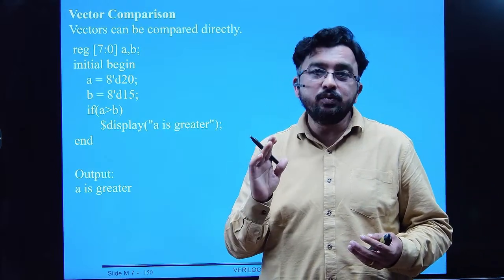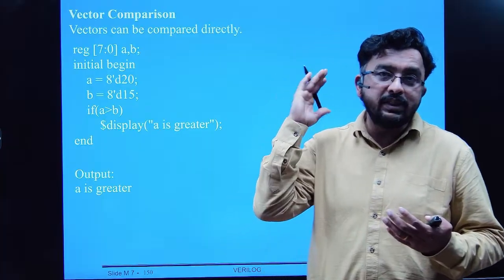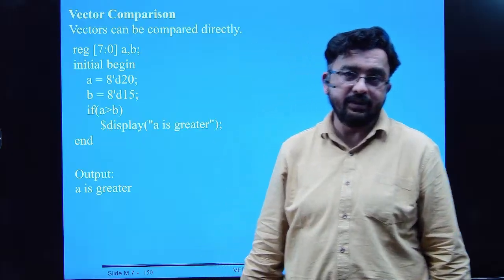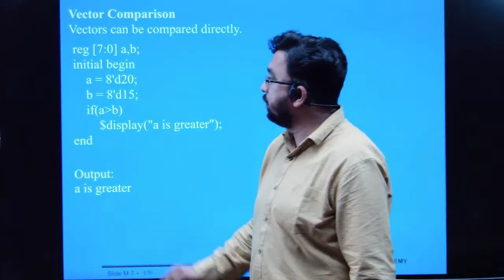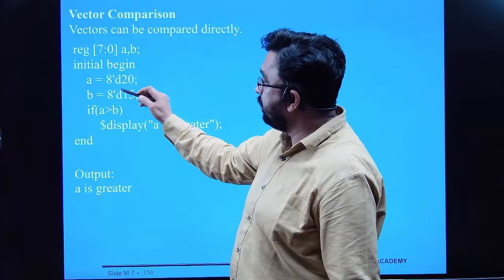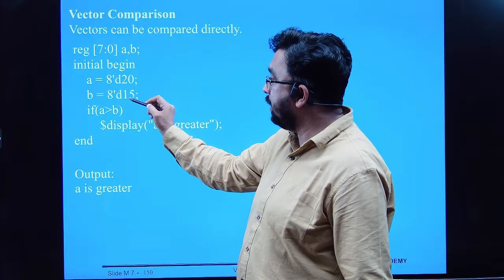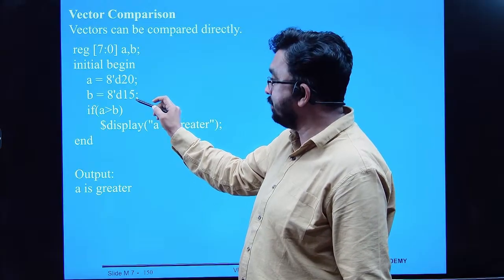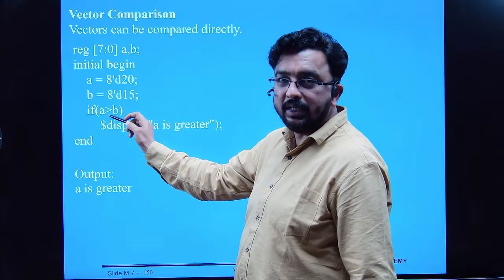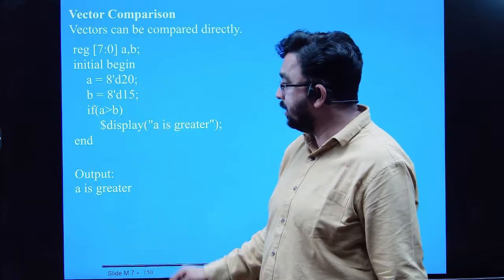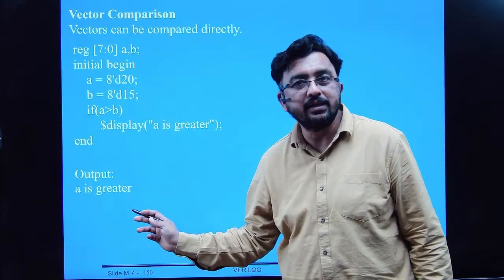I am just telling you once again, these operators we are going to discuss in very detail when we are working on the operators. Okay, so this is just one example, D20 decimal and D15 decimal. So I applied an operator, A greater than B, yes 20 is greater than 15, yes true, A is greater than B is true.